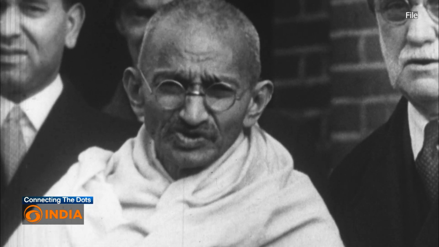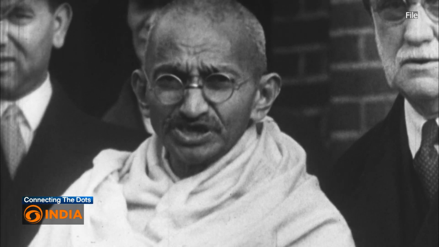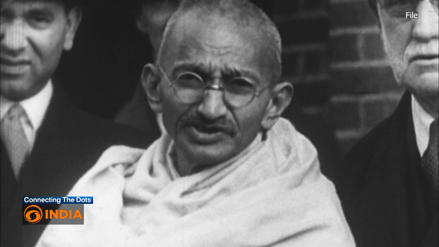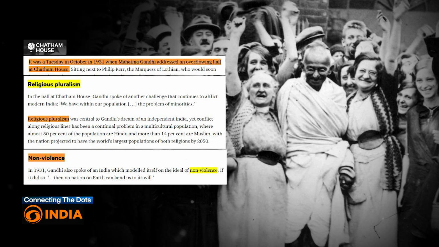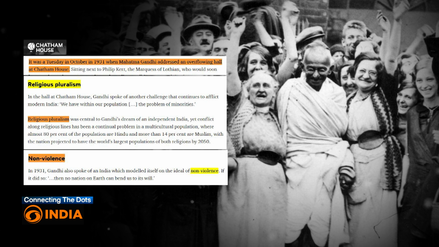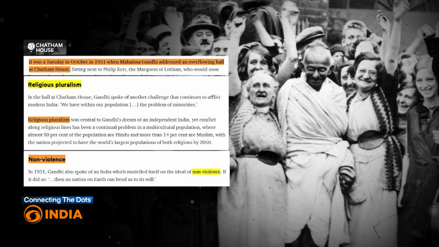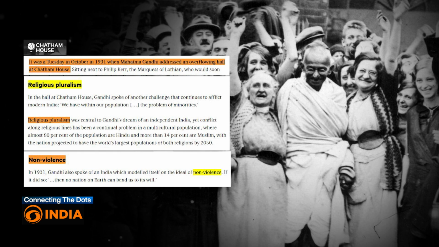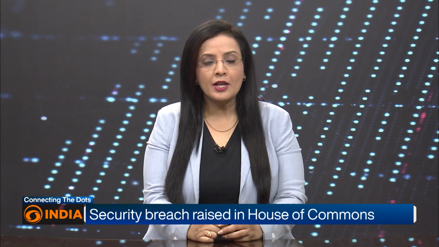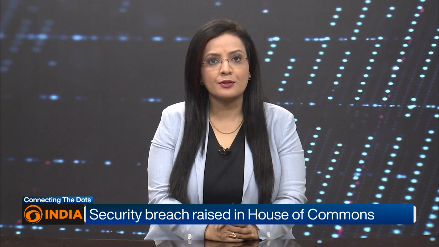Back in the day, in October 1931, Mohandas Karamchand Gandhi had addressed an overflowing hall there. Gandhi had advocated religious pluralism and non-violence, ideas opposite to what the secessionist movement stands for, which is terrorism, extremism, and mass murder. Well, the UK is not the only international hotbed of anti-India separatism.